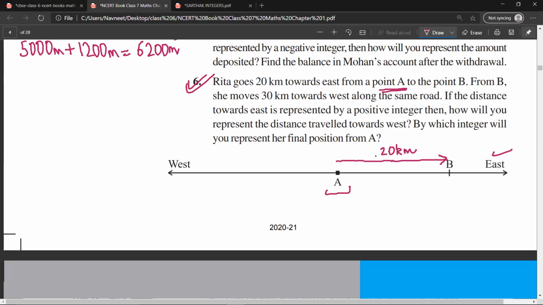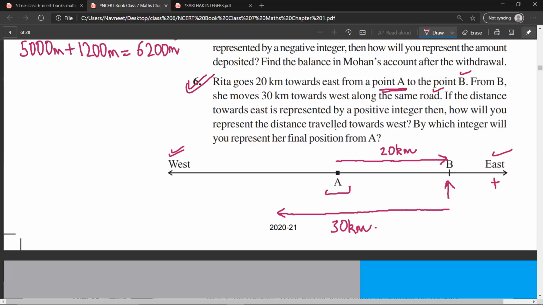From B, she moves 30 kilometers towards west. Now this is west, and she comes 30 kilometers here. Yes, sir?